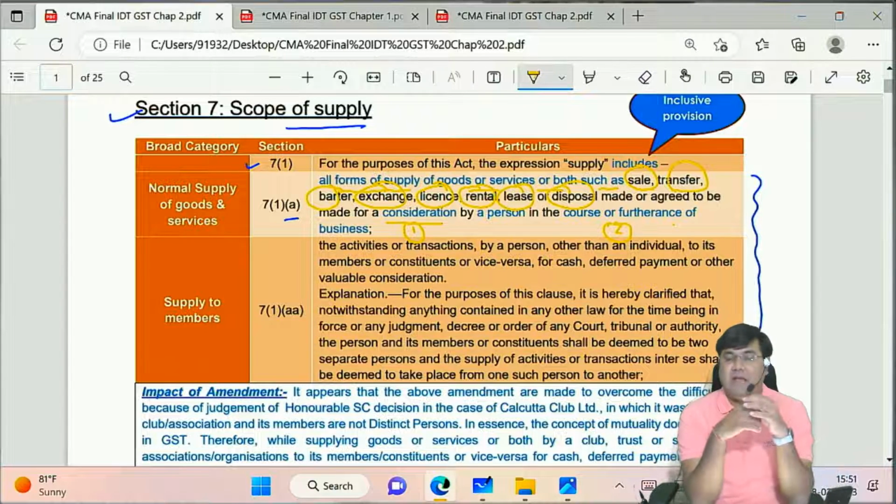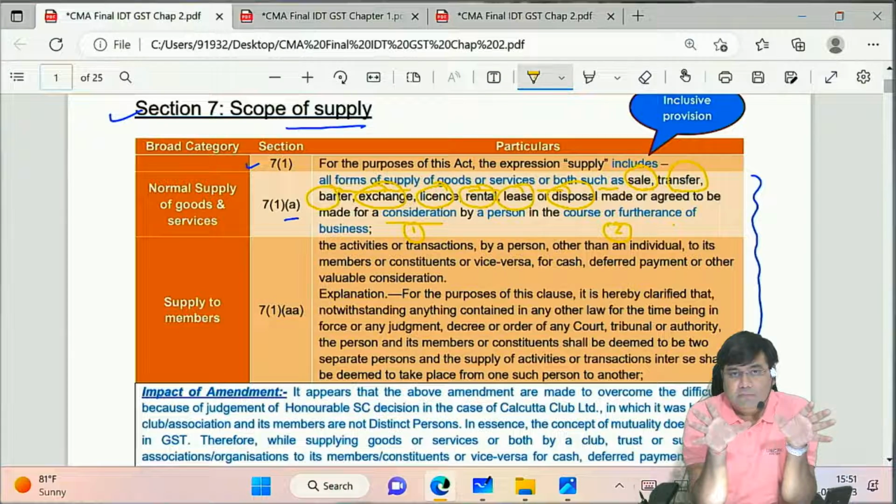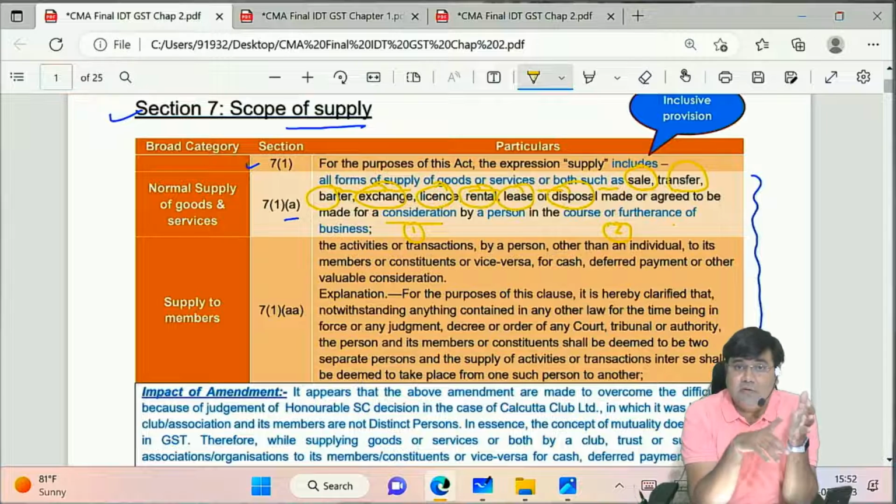So suppose anyone comes to you and requests you to tell him whether this is supply or not, whether any particular transaction is subject to GST or not. So what you are going to do? First you are going to see whether that transaction involves goods or services or both. Yes, if the answer is yes.